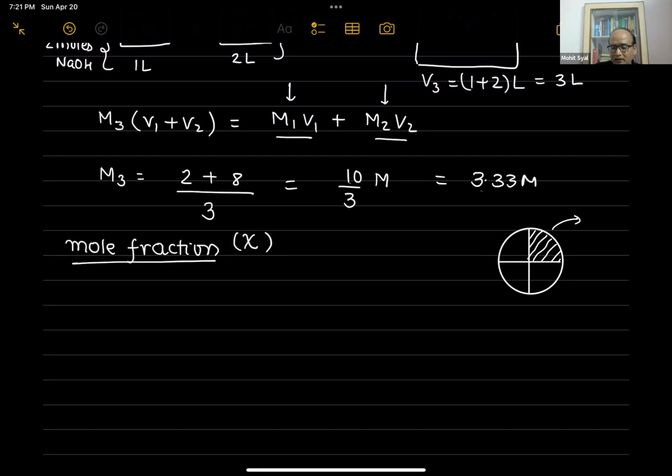Out of the 4 parts, 1/4. So similarly, out of the total moles, what fraction of moles is carried by one substance? That is the mole fraction of that substance. Is it clear?